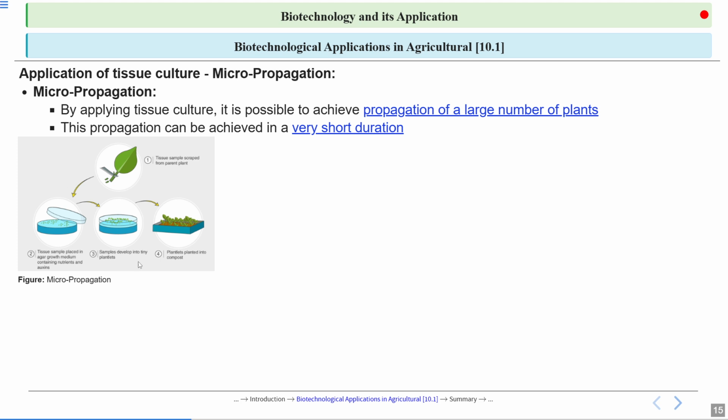These samples develop into tiny plantlets, and now these plantlets are planted into compost, and from this compost a large number of plants will be generated. So this is how we can achieve propagation of a large number of plants in a very short duration of time. This is what we call micropropagation.